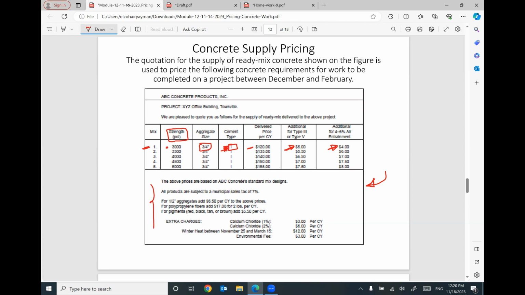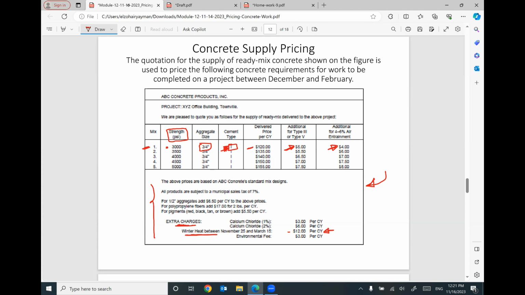And if you read these specifications, we have an extra charge if you are handling concrete during the winter time, which starts from November 25. Today is November 16. We're still good. We will not add this extra cost if you are ordering concrete now. But after 1 week from now, you need to add the extra cost of $12 per cubic yard, because I will add some additives to concrete to maintain the temperature during the winter.